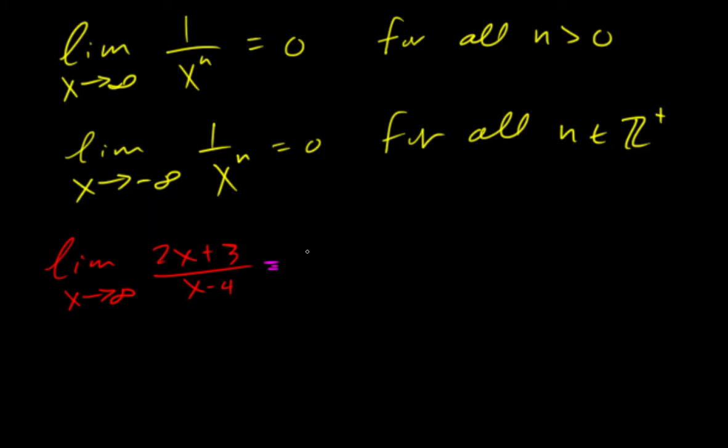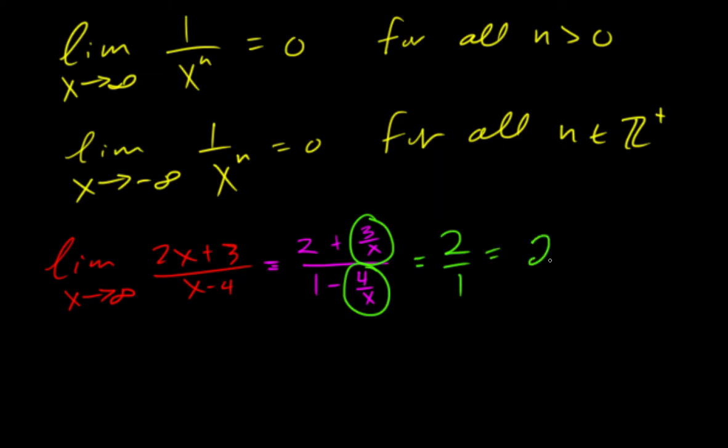This divided by x is just 2, and then 3 over x. Then we divide this by x, 4 over x. Now, if we plug in infinity, this is going to go to 0, and this is going to go to 0. So we'll be left with 2 over 1, and so the limit is just 2.